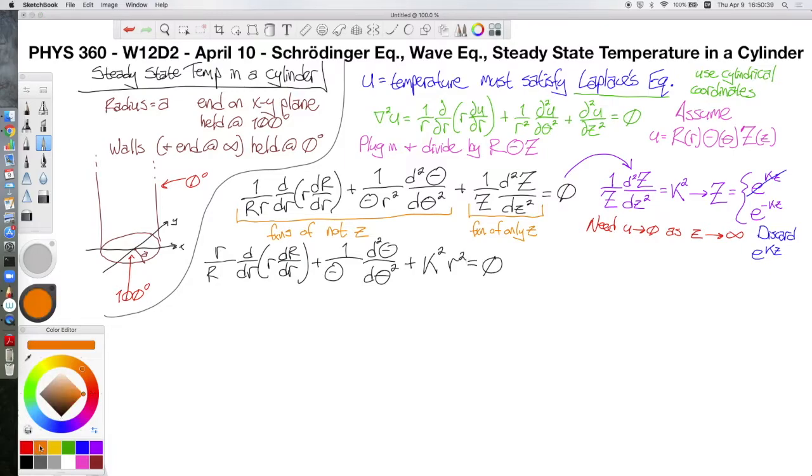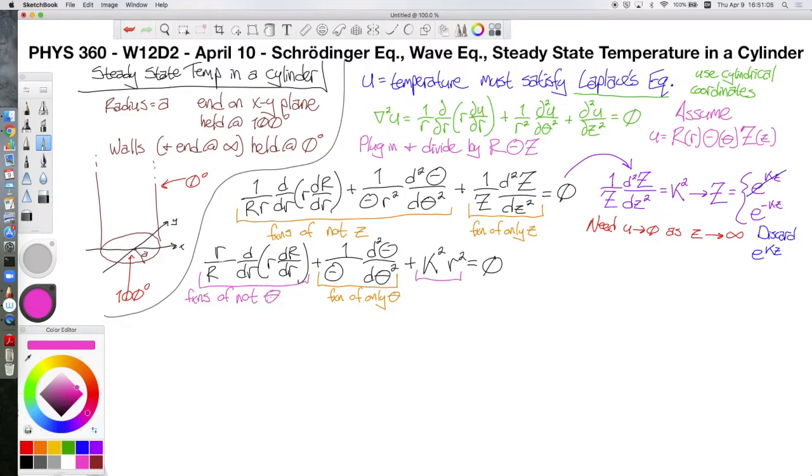So now we have things separated as we need them to be, because this piece right here is a function of only theta, and the remaining two pieces of our equation, the first piece and the last piece, are functions of not theta.